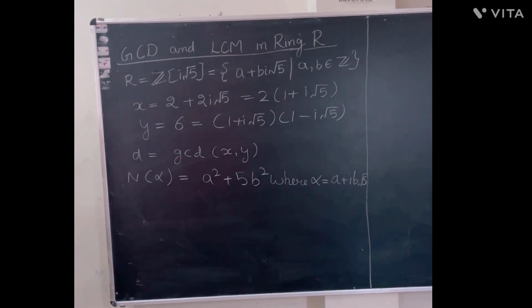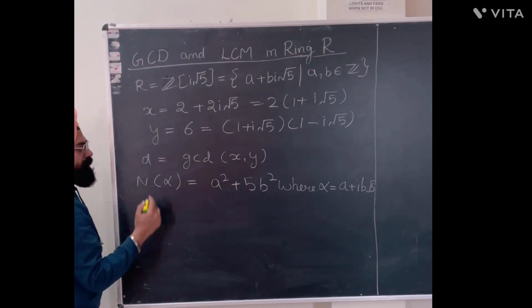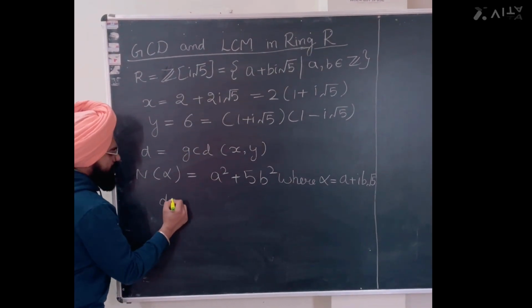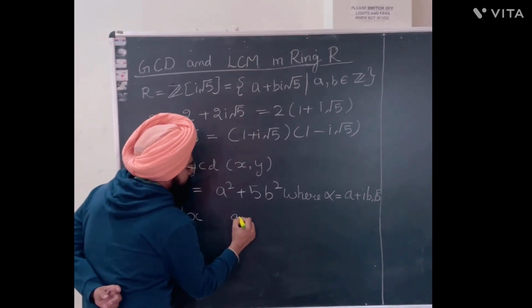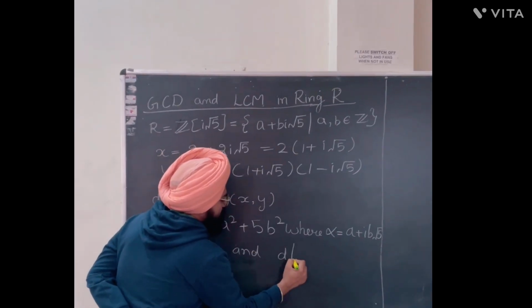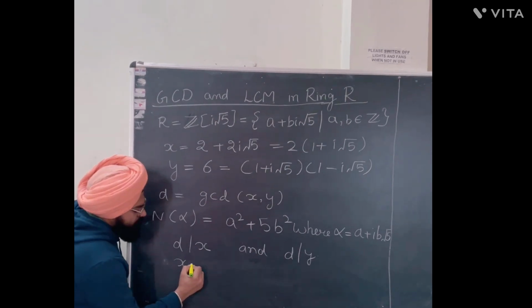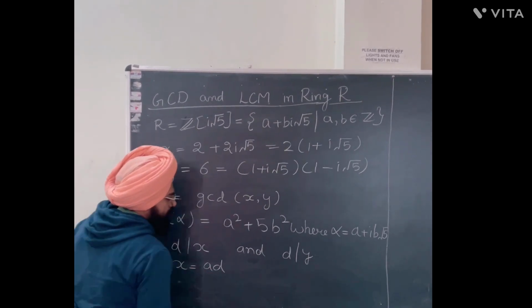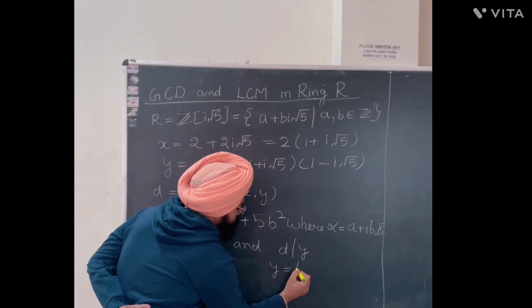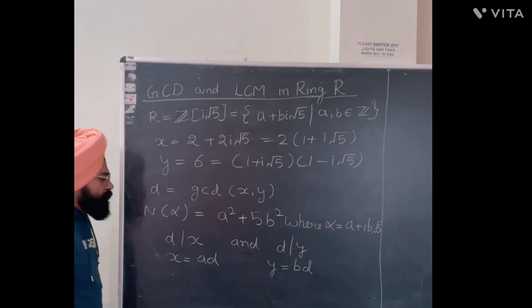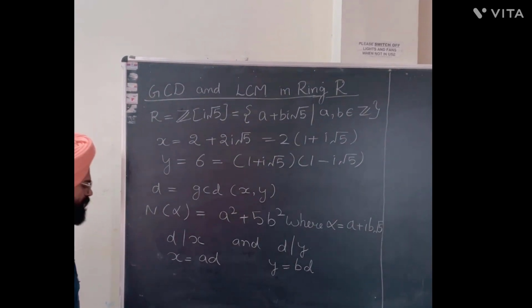Okay. So now d is the GCD of x and y, so d will divide x and d will divide y. So if d divides x, then x is equal to some a times d and y is some b times d. Now we will apply the norm function on this.